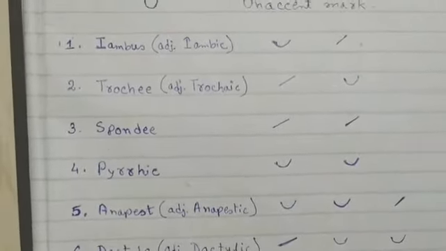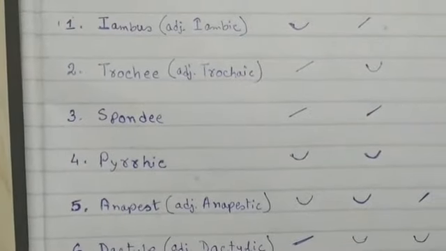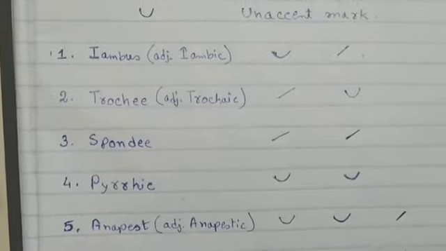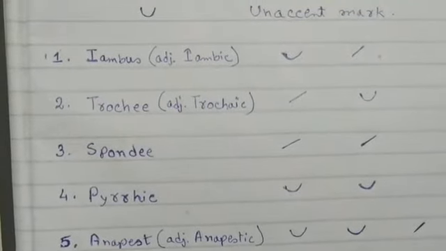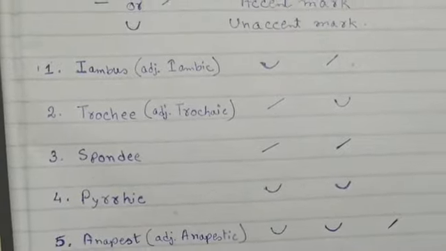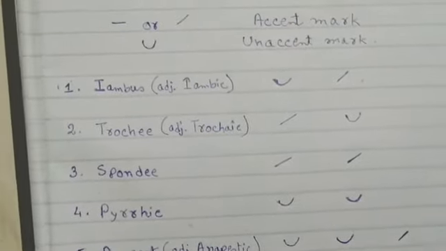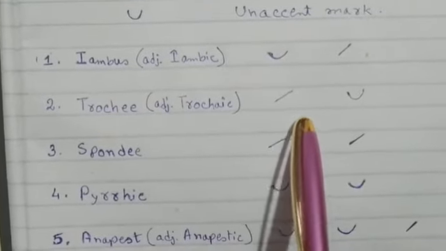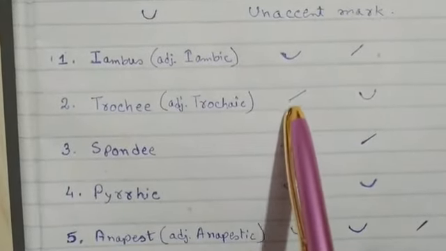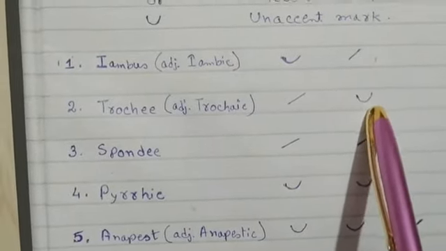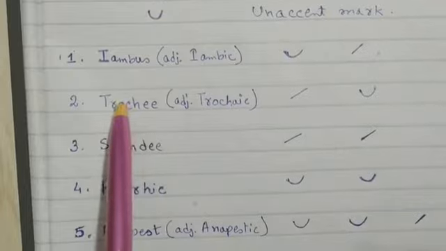Okay, so we are dealing with disyllabic foot now. Within disyllabic foot, when there is an accented syllable followed by an unaccented syllable, it is called a trochee.